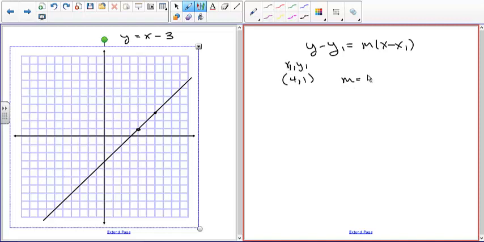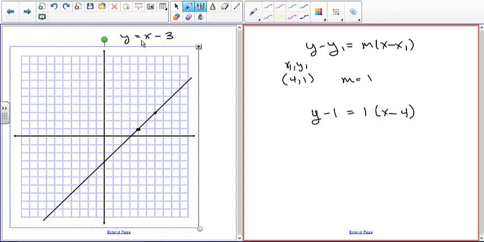The slope we just calculated is 1. So these are the things we plug in, x1 and y1 and m. The variables are y and x. So we get y minus 1, y1 is 1, equal to the slope, 1, times x minus x1, which is 4. So that's the point slope form.